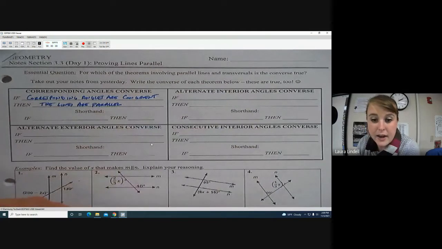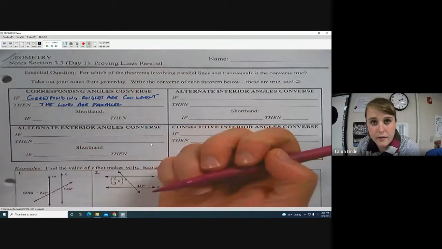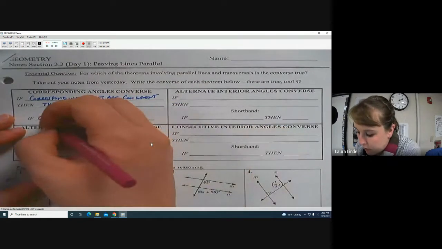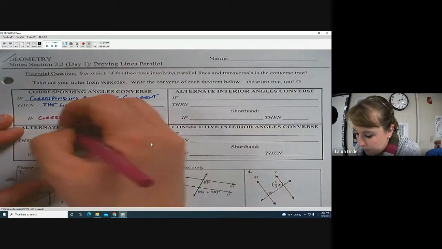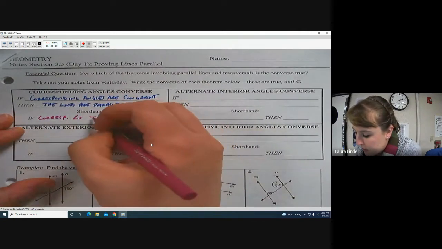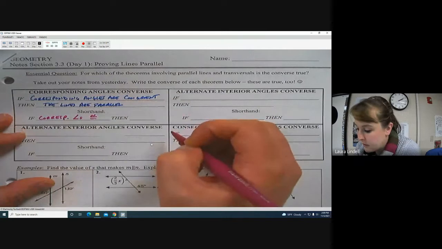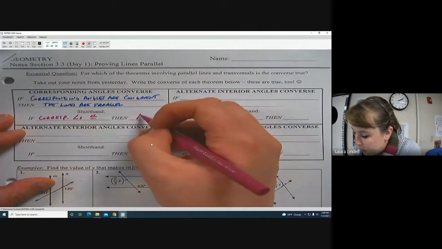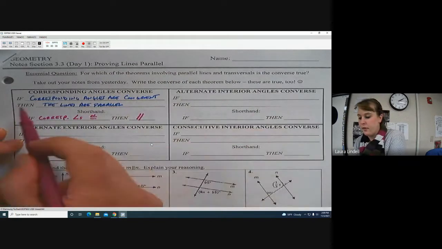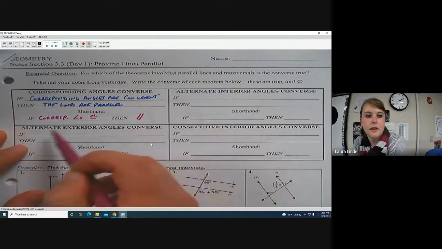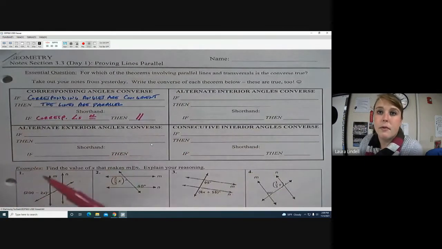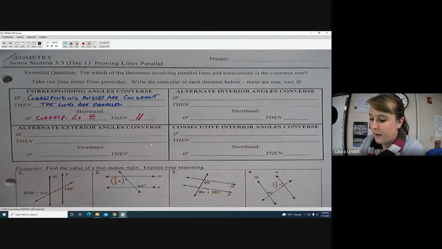A way that we could kind of shorten this a little bit, since writing this out every time is going to be a little bit tedious, you could abbreviate corresponding, use the angle symbol for angles, use the congruent symbol for congruent, and then use the parallel symbol for parallel. That's a lot shorter than this blue sentence here. So anyways, if you want to abbreviate things like that, you're more than welcome to do so when it comes time for homework and whatnot.